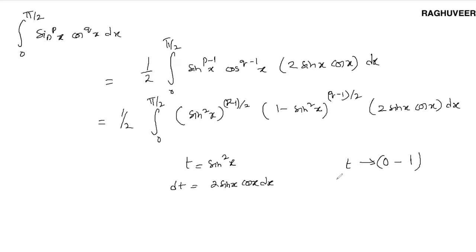Okay, so let us substitute it. So this is integral 0 to 1. Okay, for t is equal to 0, this is 1 by 2 t power p minus 1 by 2, 1 minus t power q minus 1 by 2, this is dt.